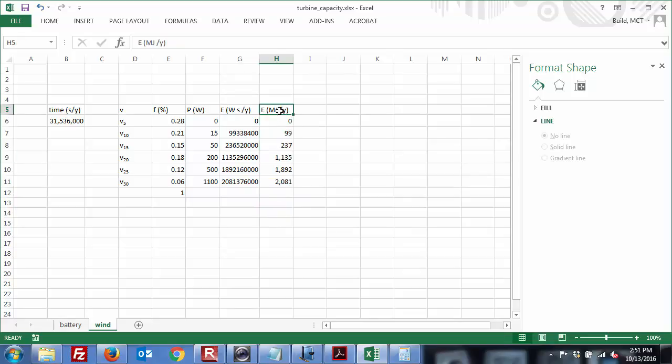Now we'll copy, paste again, so it'll be in kilowatt hours per year. So equals that divided by 3.6. Still zero.